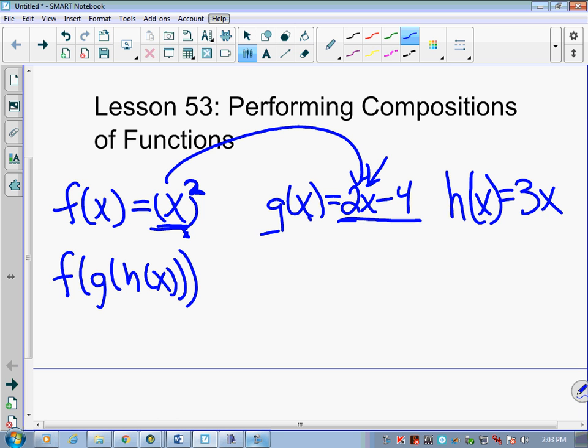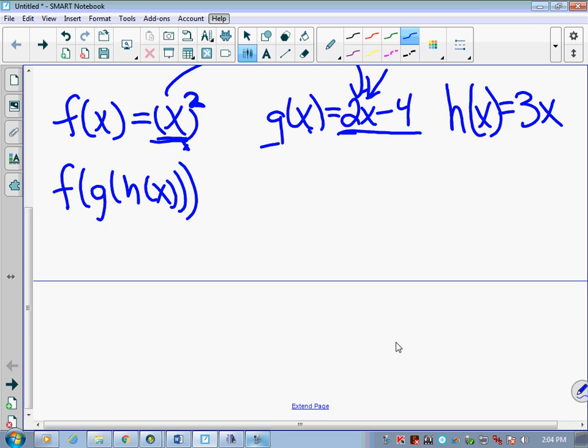So that would mean that the main function is still x squared. So parentheses. I'm going to come out here and g is going to go in next, 2 and inside that parentheses 3x minus 4. I'm going to finish up that, and then I'm going to square it.